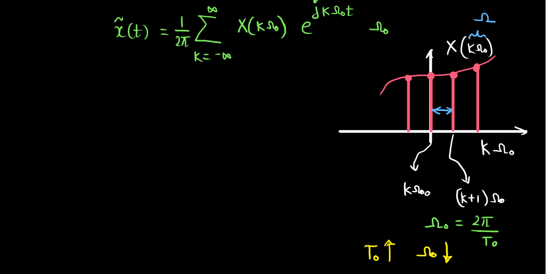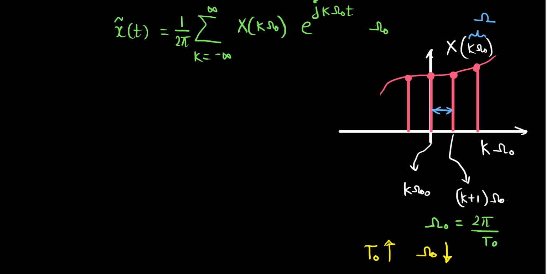Because as t naught tends to infinite, omega naught tends to 0, and the gap between these two discrete samples is going to decrease, and as it tends towards 0, this variable k times omega naught is going to take the shape of a continuous variable, let that be omega. That means this summation is now going to take the shape of integration, because this is going to be a continuous variable.